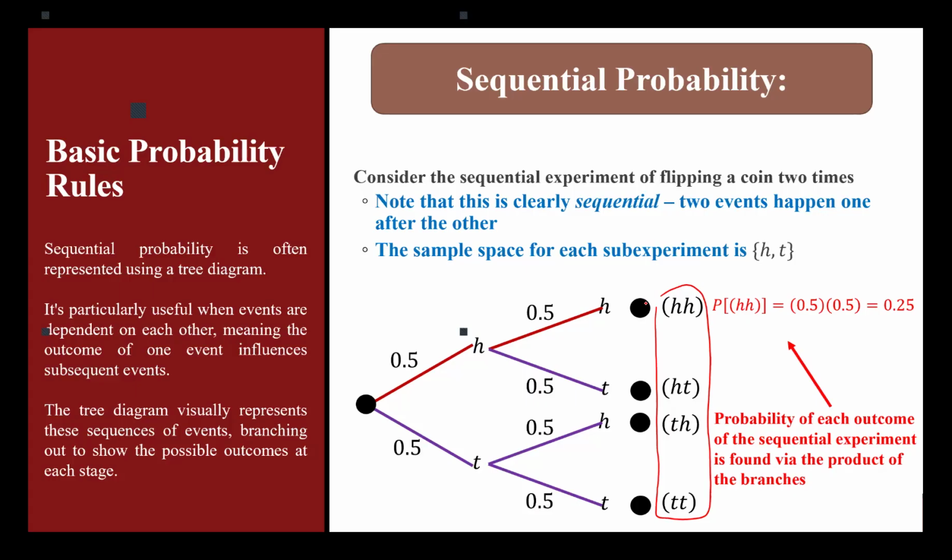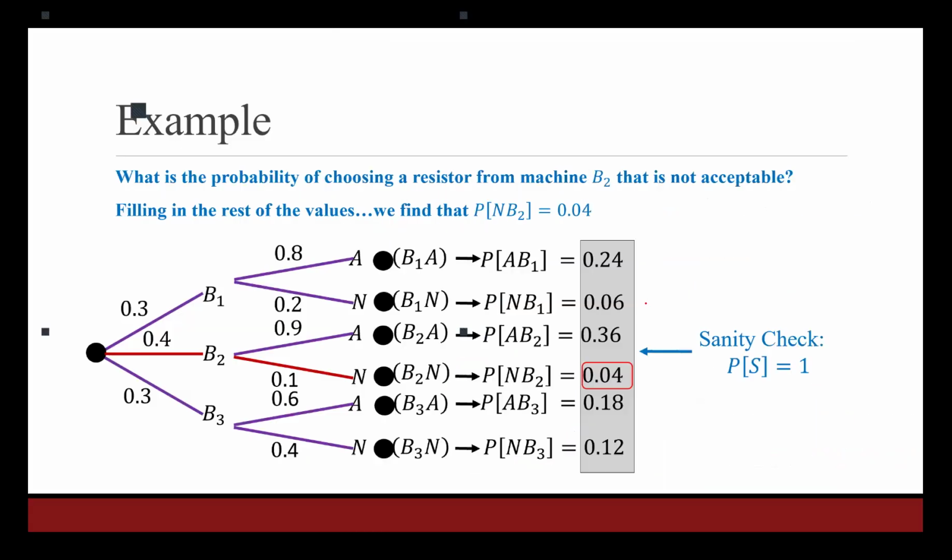Any question? We are going to go through those sequential probabilities in more detail. It's just like an intro. Another example. Let's say we have 3 machines in our factory. We are producing resistors.